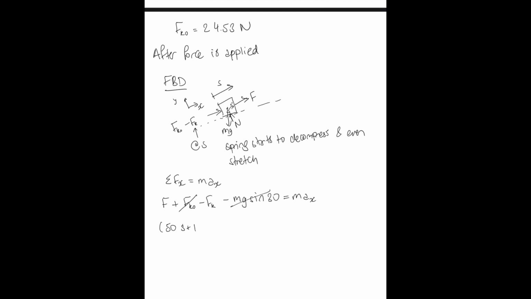We're going to plug in our values. By the way, this Fk is equal to ks, which is just 100s. Which is going to give us ax is equal to 20 minus 10s.